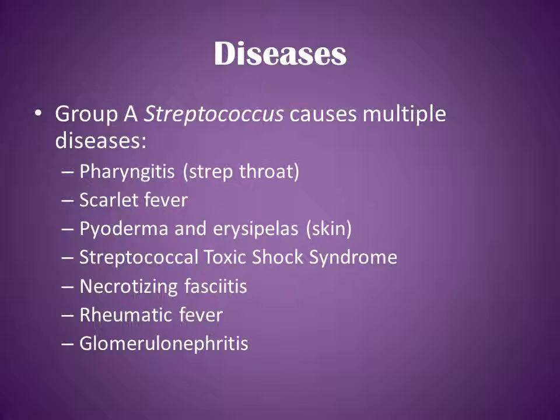S. pyogenes also causes scarlet fever, pyoderma, which are pus-producing lesions that occur on exposed skin of face, arms, and legs. It may cause streptococcal toxic shock syndrome, which is usually after spreading from an initial site of infection in an immunocompromised individual, necrotizing fasciitis, rheumatic fever, and glomerulonephritis.